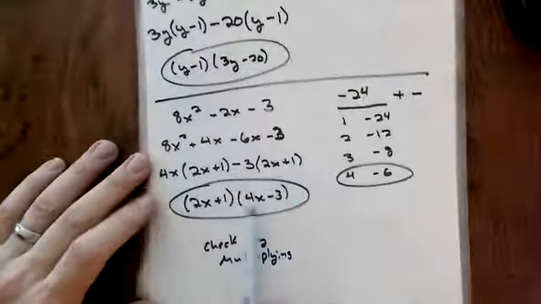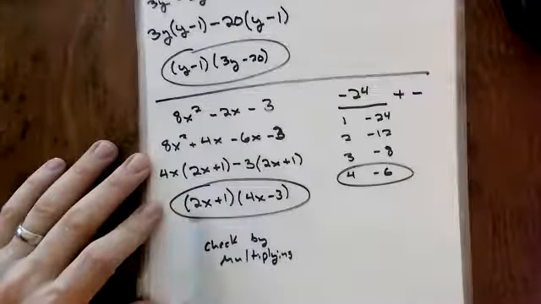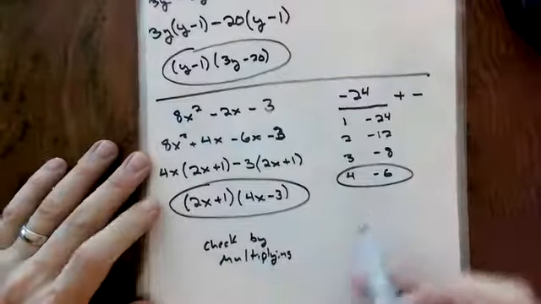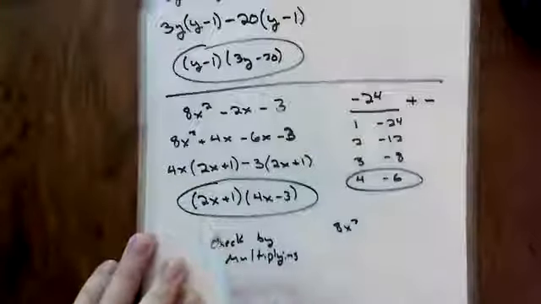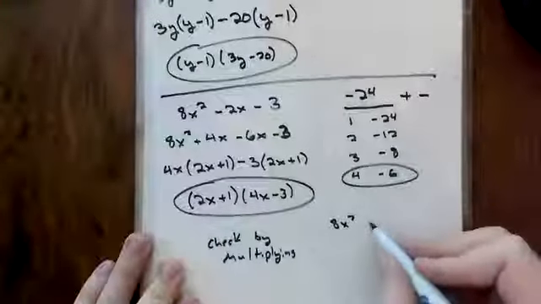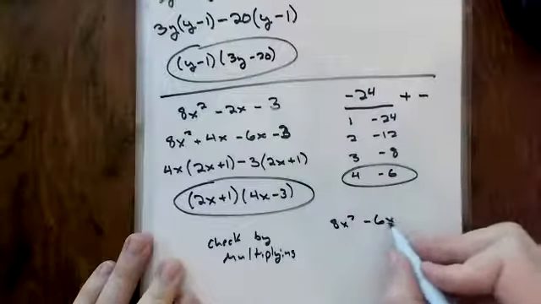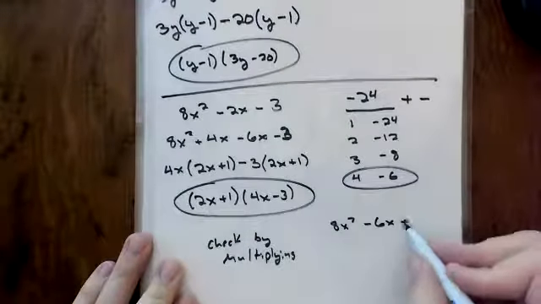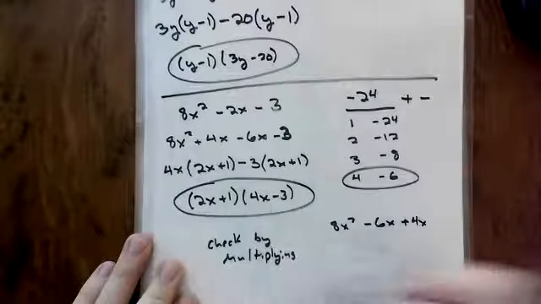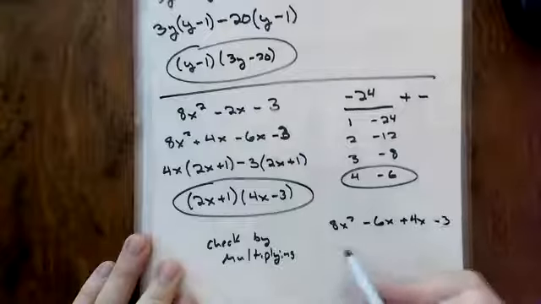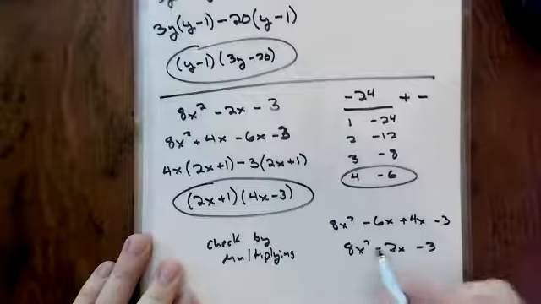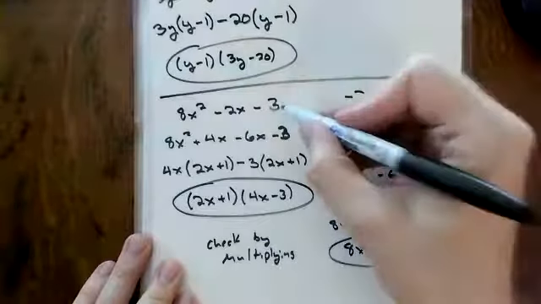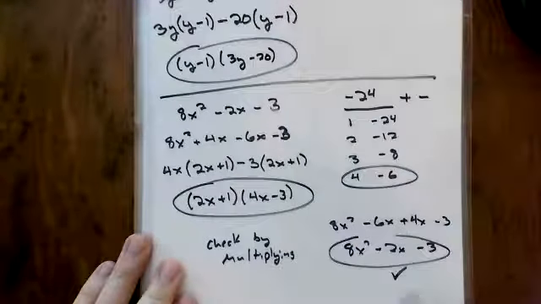So if I were to multiply this 2x plus 1 times 4x minus 3, let's FOIL that out. 2x times 4x would be 8x squared. 2x times minus 3 would be minus 6x. 1 times 4x is plus 4x. 1 times minus 3 is minus 3. And sure enough, we've got 8x squared minus 2x minus 3, which is exactly what we started with, so our answer checks out.